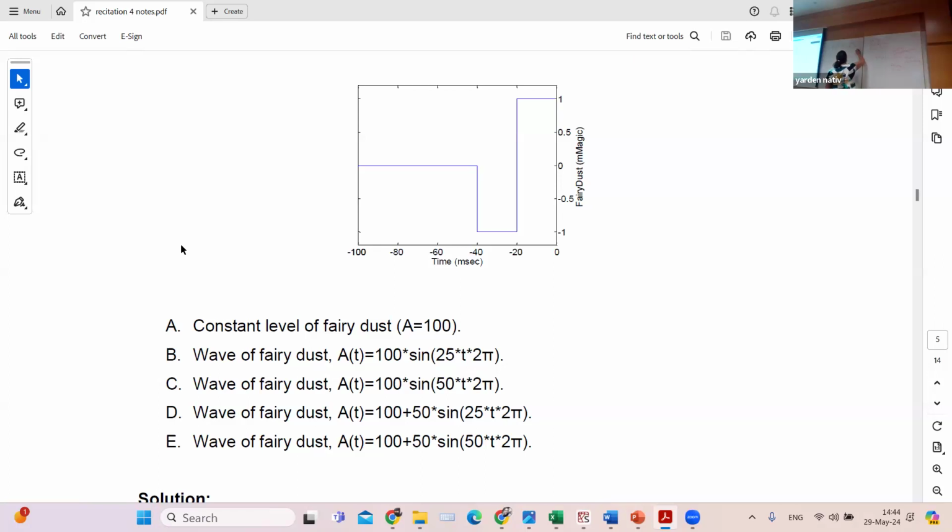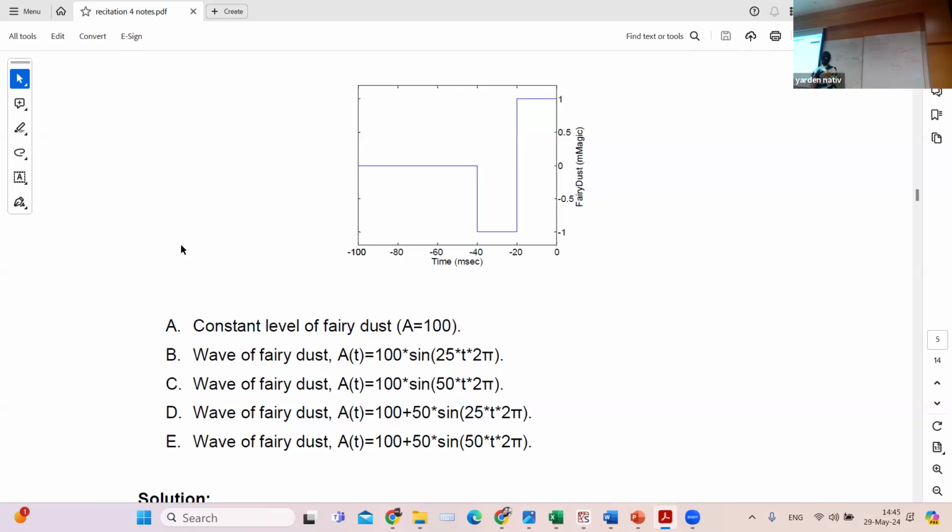So if we have 25 hertz frequency, this equals 1000 over T. Therefore, T is 40 milliseconds, right?